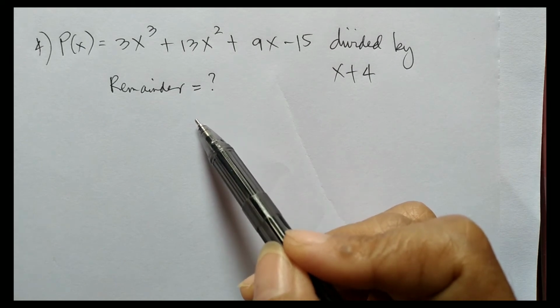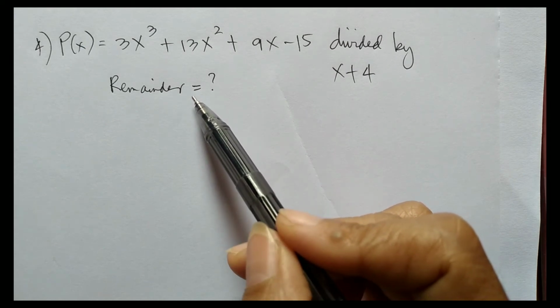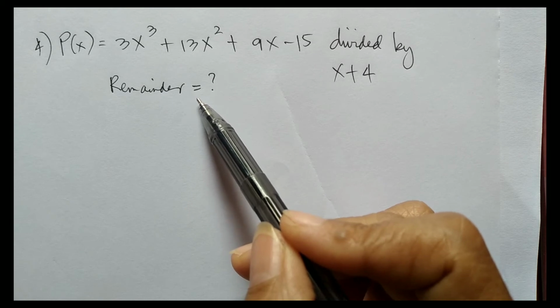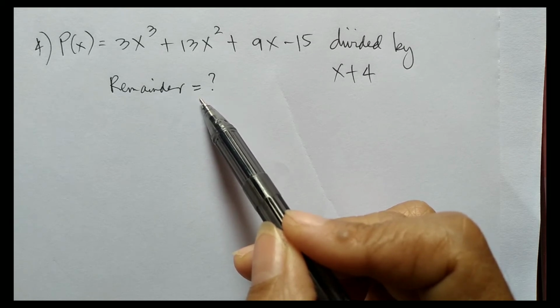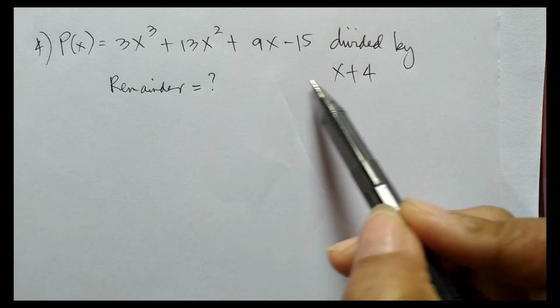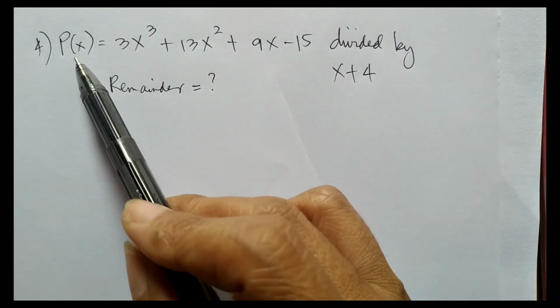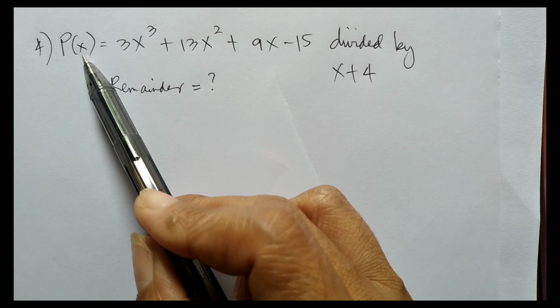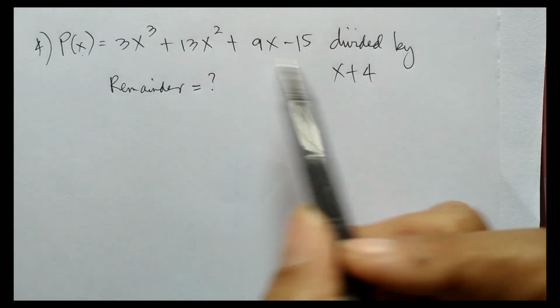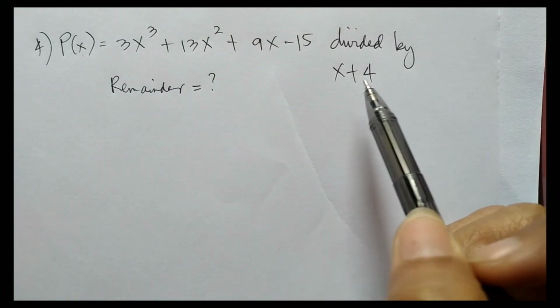In here, we can directly solve for the remainder by just using x plus 4 to evaluate our polynomial, replacing the value of our x with our divisor here, which is x plus 4.